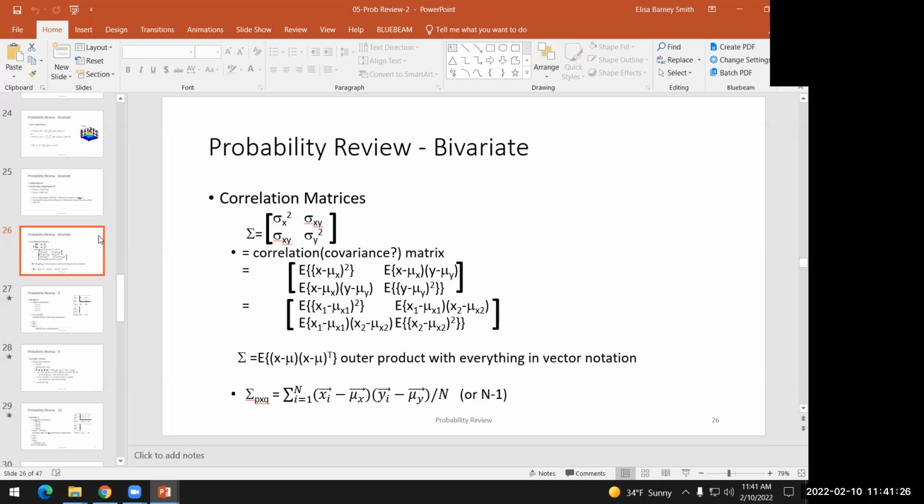So take whatever your M00 measurement is for your first A. Subtract the mean of the M00 measurements for all the A's. Multiply those.